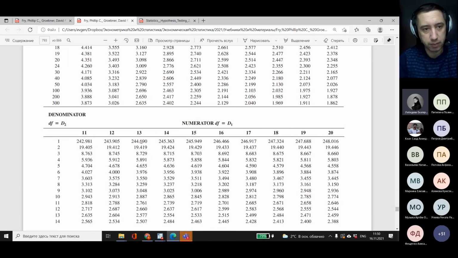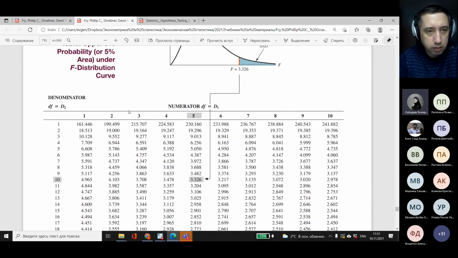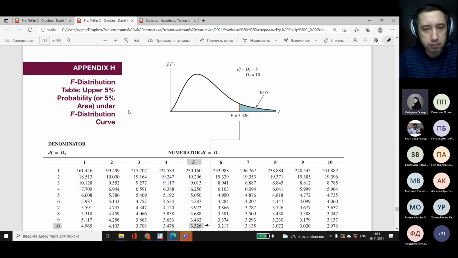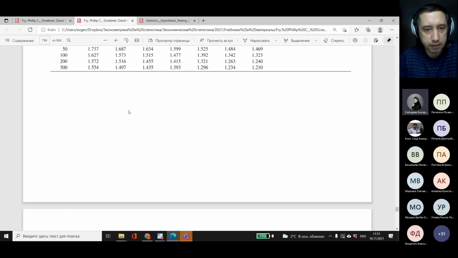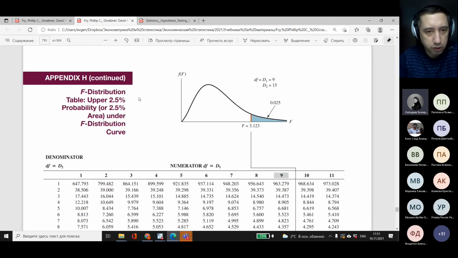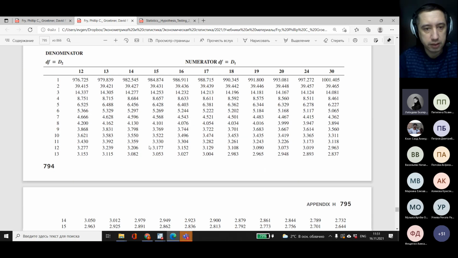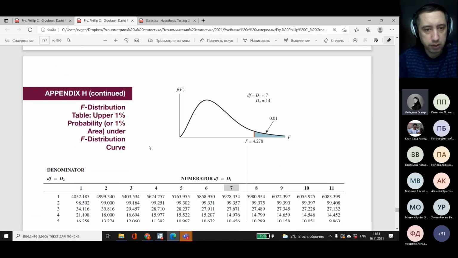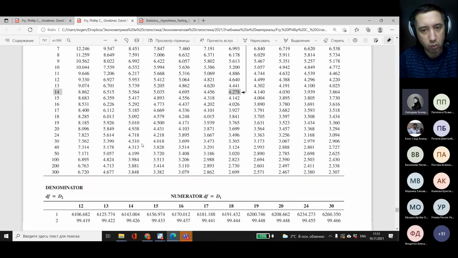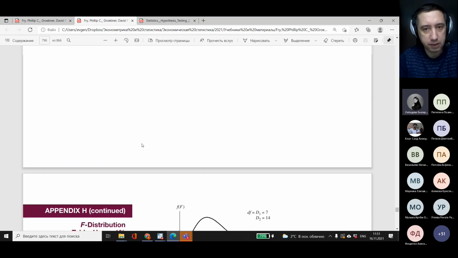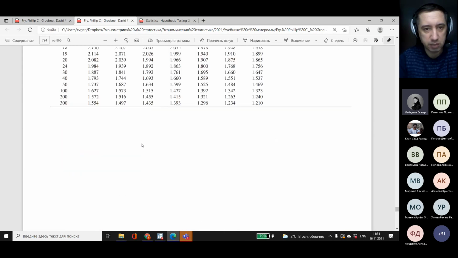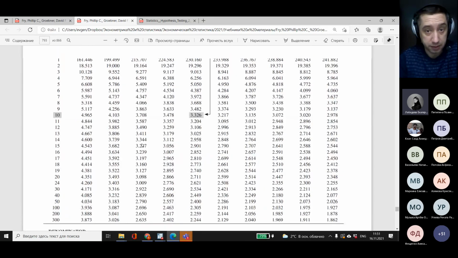If I scroll down, I have more tables. For example, this is for 2.5%, and if I scroll down, it should be for 1%. And if I'm not mistaken, we don't have the same tables for other alphas.